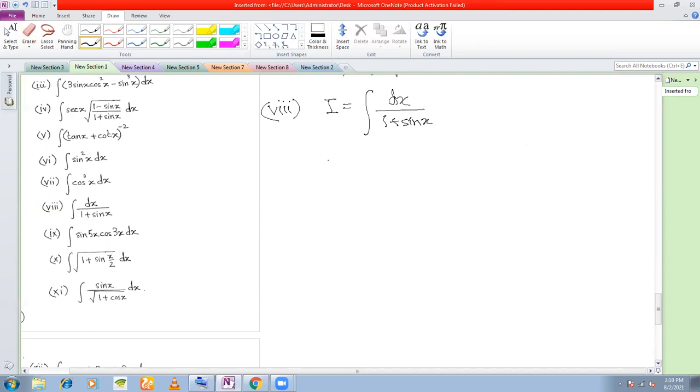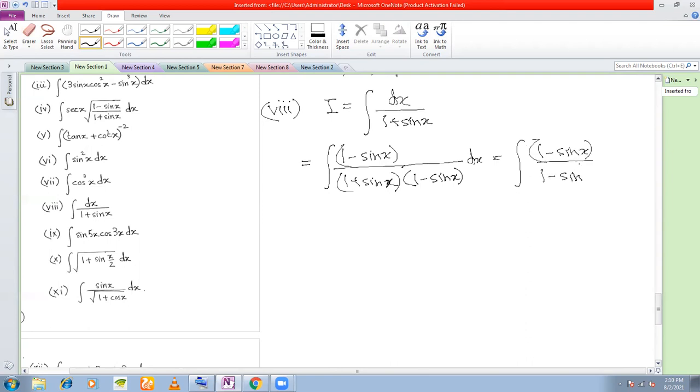Okay. In order to evaluate this integral, you multiply the numerator and denominator by 1 minus sine x. So what you get here is integral 1 minus sine x divided by 1 minus sine square x dx. So you get this as integral 1 minus sine x divided by cos square x.